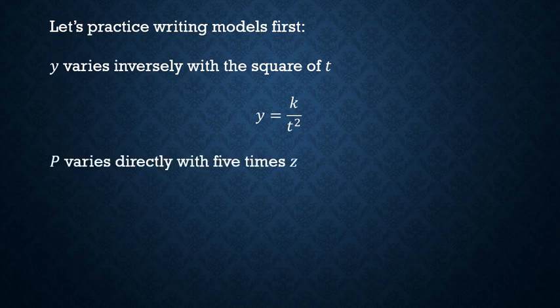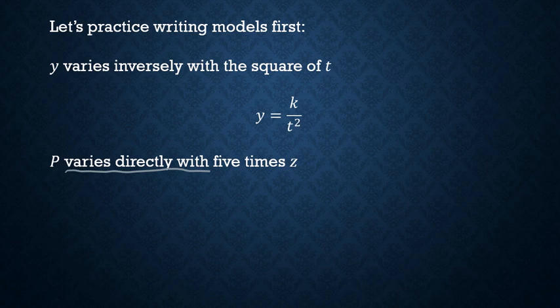Next up, p varies directly with 5 times z. Again, you're looking for those keywords "varies blank with," and whatever's in that blank tells you what kind of variation model you're going to use. Here we're using a direct variation model. What goes on the left-hand side of the equal sign is what comes before our three-word phrase.